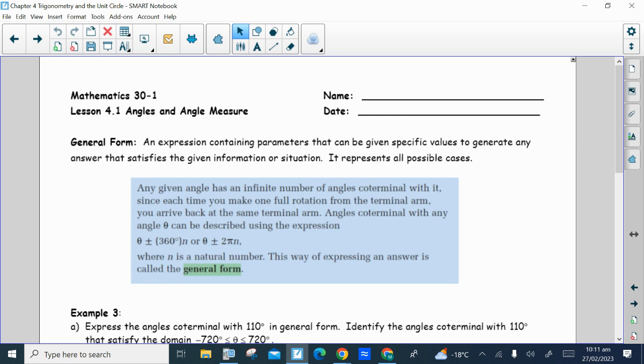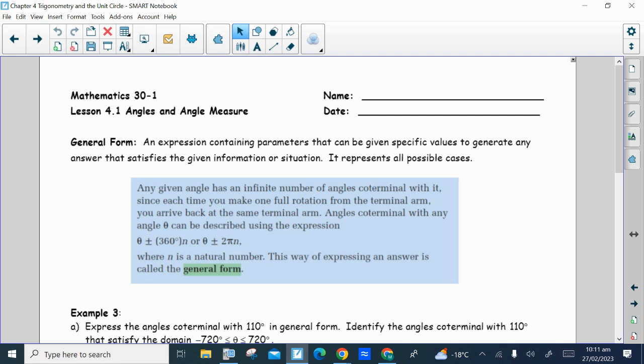Angles coterminal with any angle theta can be described using this expression: theta plus or minus 360 n degrees, or theta plus or minus 2 pi n radians, where n is a natural number. This way of expressing an answer is called the general form.